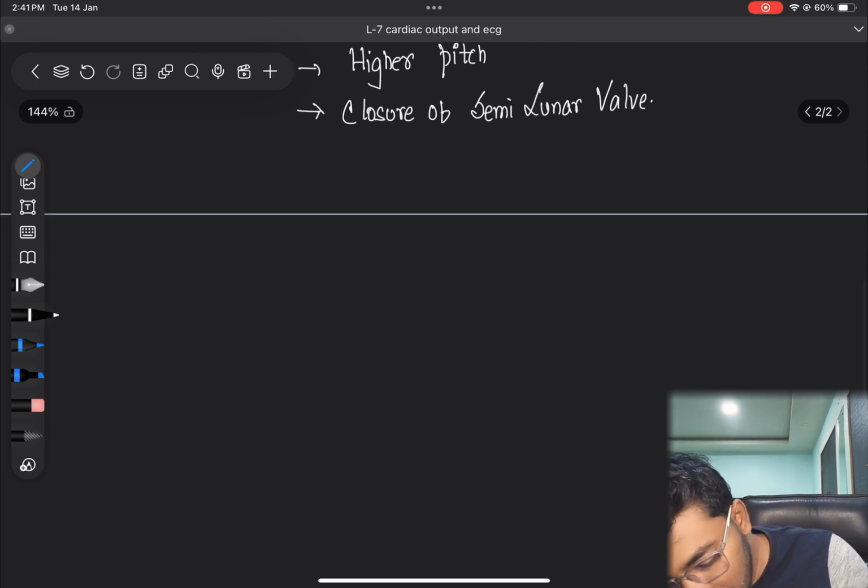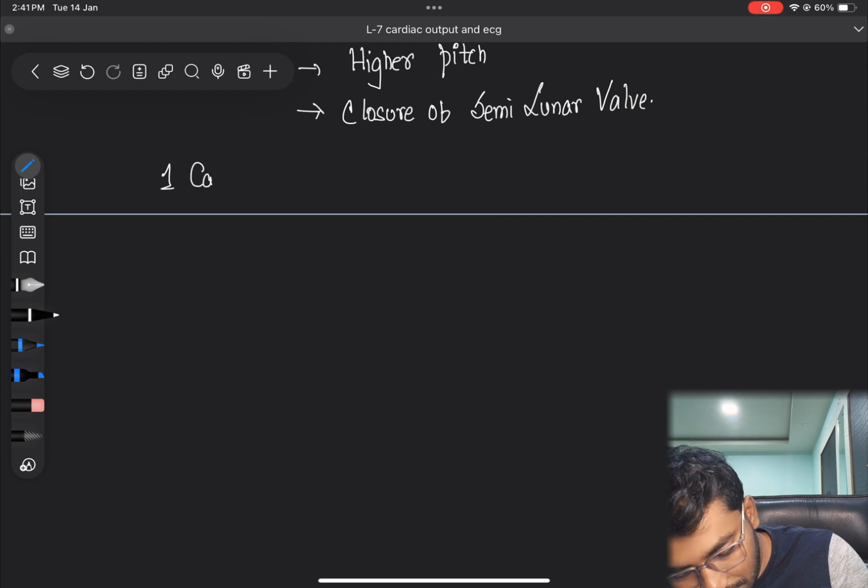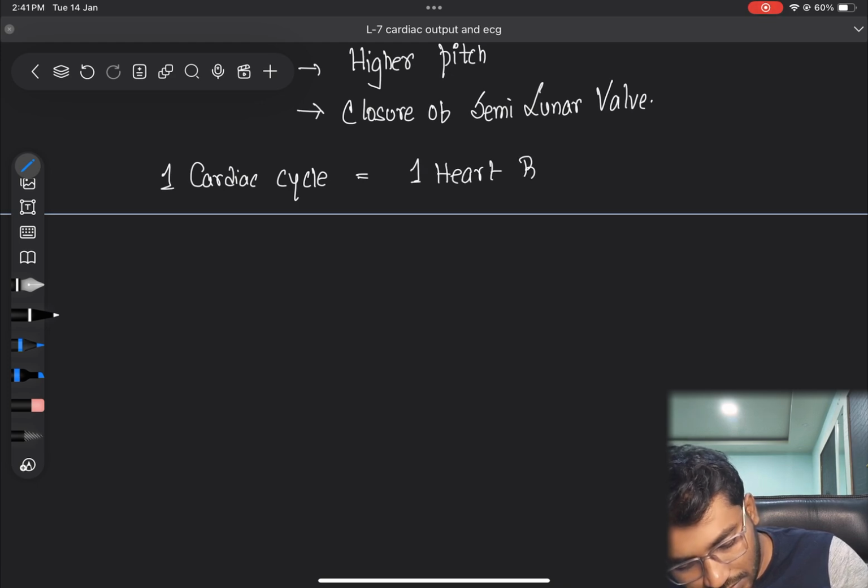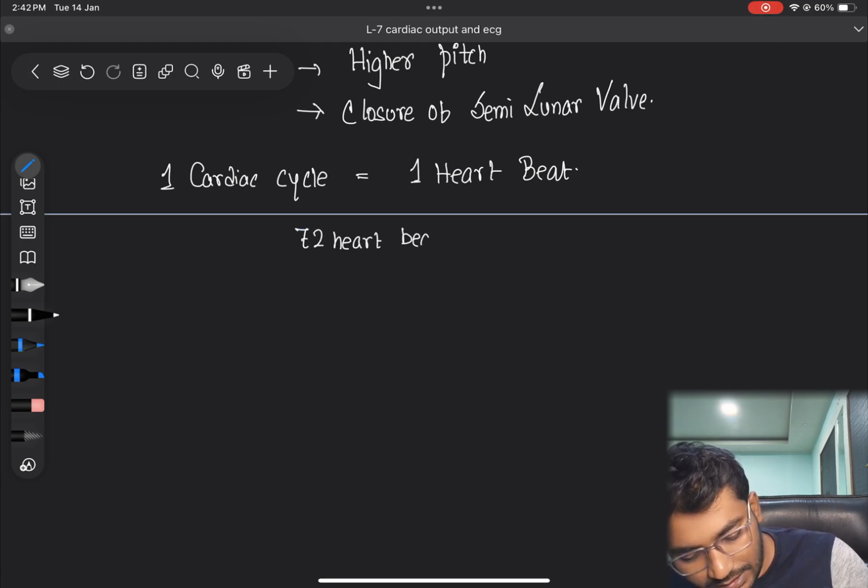Okay, so one cardiac cycle is equal to 1 heartbeat. So 1 heartbeat equals 1 cardiac cycle. 72 heartbeats in 60 seconds is the generalized rate.